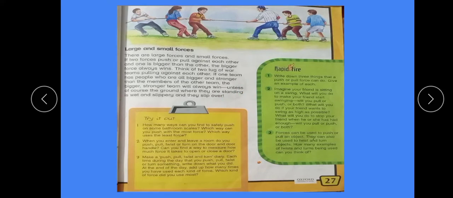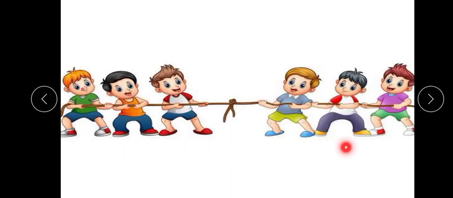Okay, students, you have to always remember that there are two forces, push or pull. Let's take an example of tug of war. Okay, students, there are two teams.